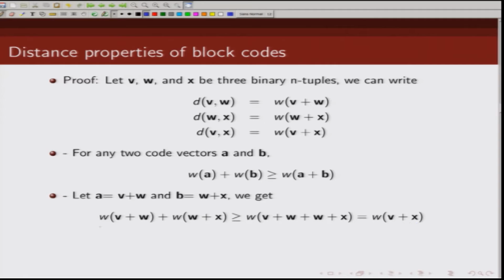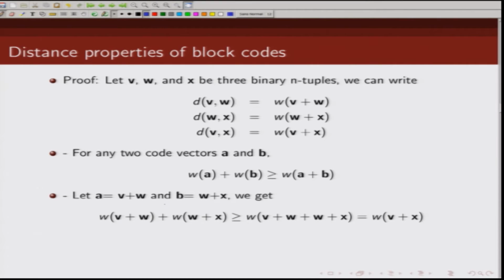So, what we have shown is weight of v plus w plus weight of w plus x is greater than or equal to Hamming weight of v plus x, and weight of v plus w is nothing but Hamming distance between v and w.